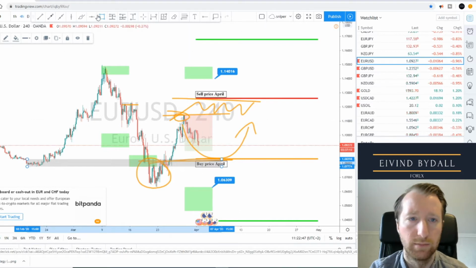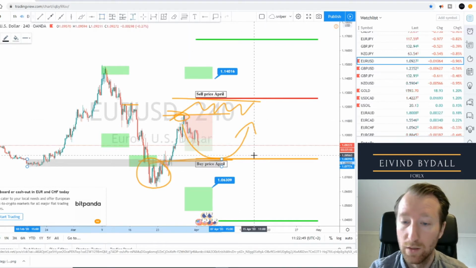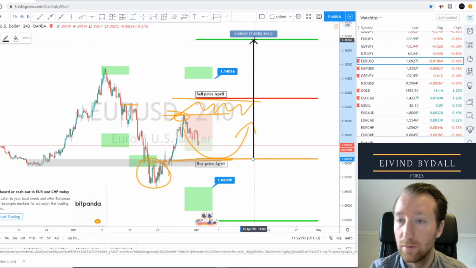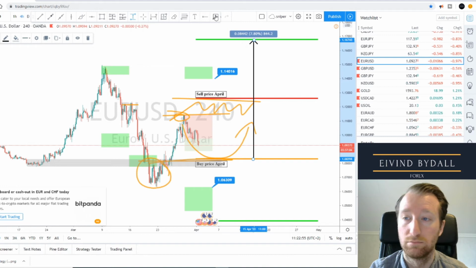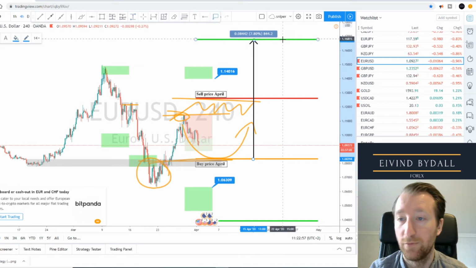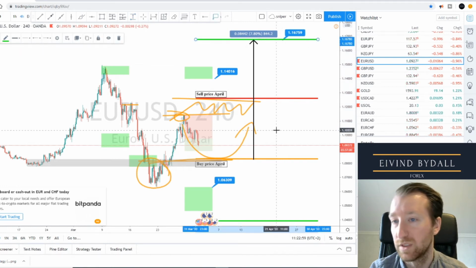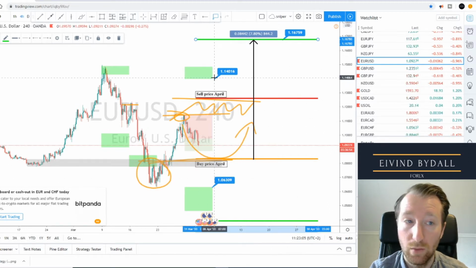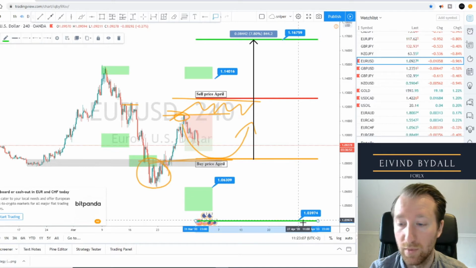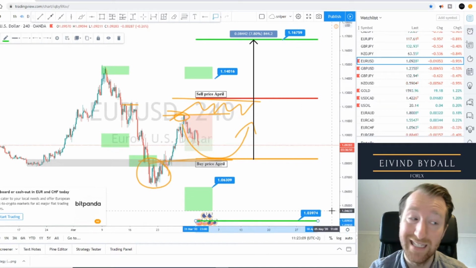Now what's your target? Well, your target is 1674-ish, 75-ish. But if you're like me, you're like, I want this to come down. And I also want this maybe to go down to 103.90.